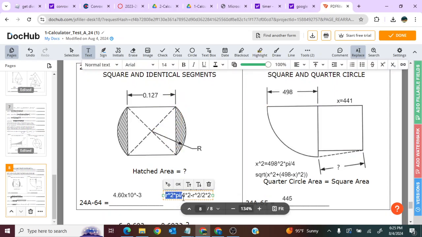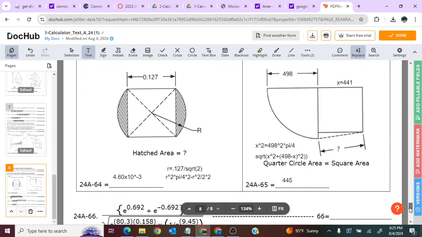So R squared times pi over 4 would get you this entire thing right here. And then you multiply it by 2 because it's dual-sided. And then that's subtracted by the triangle, which, since it's a right angle, is R squared over 2. And then there's 2, and then it's dual-sided as well. So if you do that, you'll get a hatched area of 4.6 times 10 to the power of negative 3.